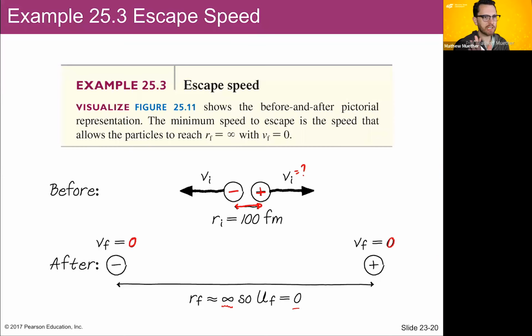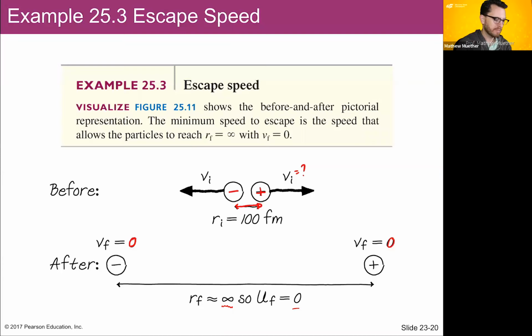If they had extra velocity, that would mean that they easily escaped. It wouldn't be the minimum speed to escape, right? The velocity has to just go to zero at this farthest reaches that the two particles can go away. They have to just have enough kinetic energy to take them out to the point where they have no potential energy left in the system and leave them at rest.